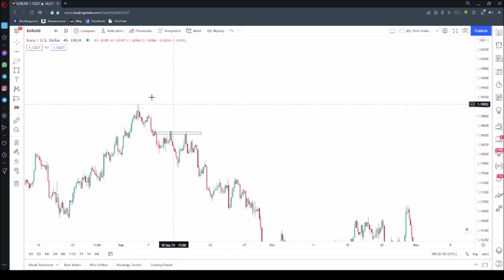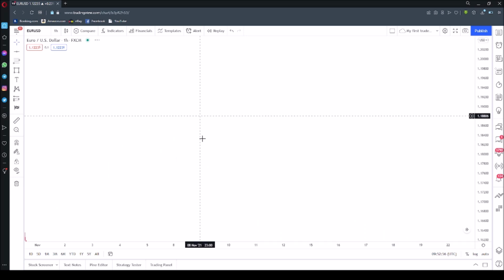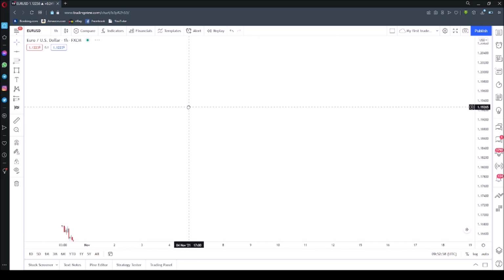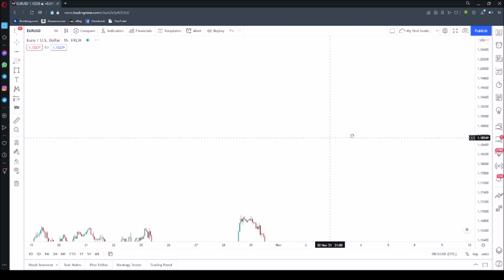So if we go to the H1 time frame, we now need to find an H1 order block within that particular H4 order block.